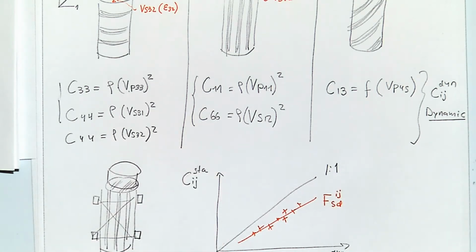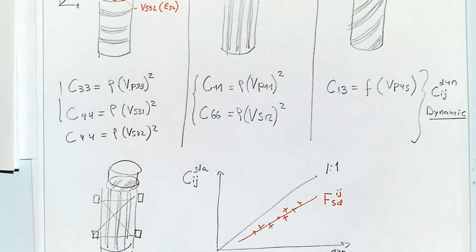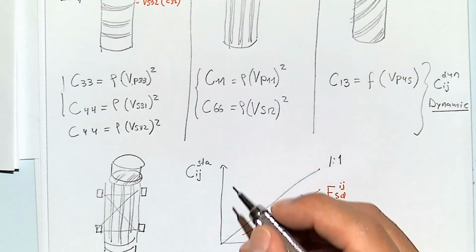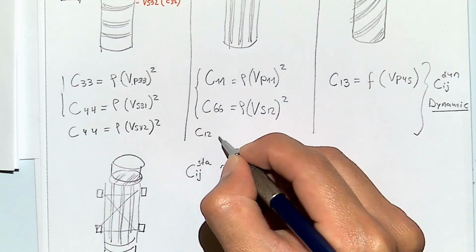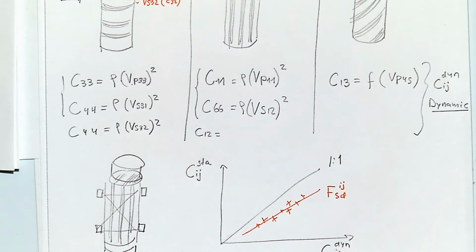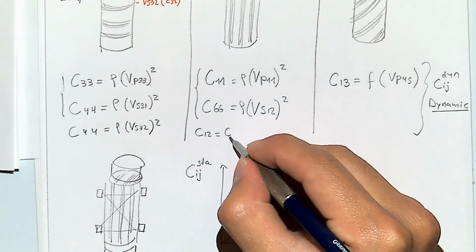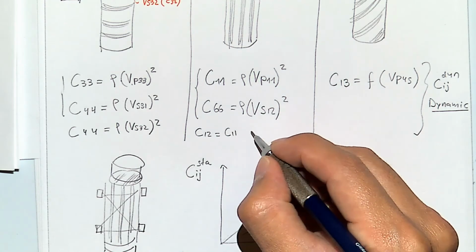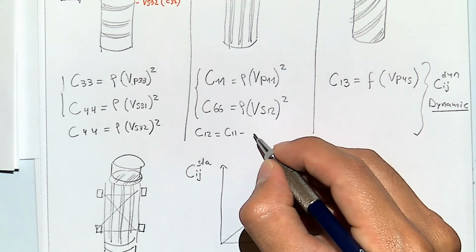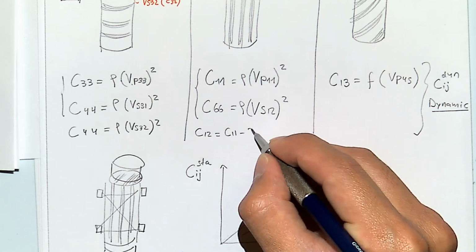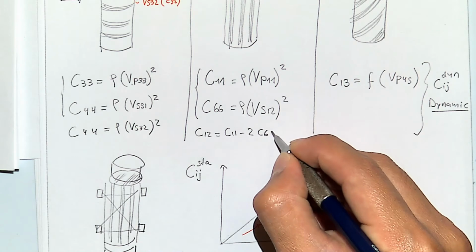Actually, let me go a little bit more in detail. Once you get C11 and C66, C12, this is just an equation related to shear in the plane 1, 2. It's going to be C11 minus 2 times C66.